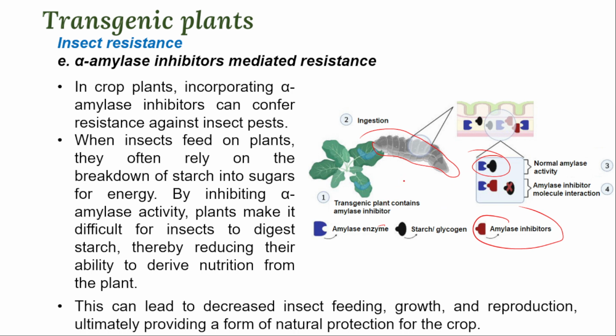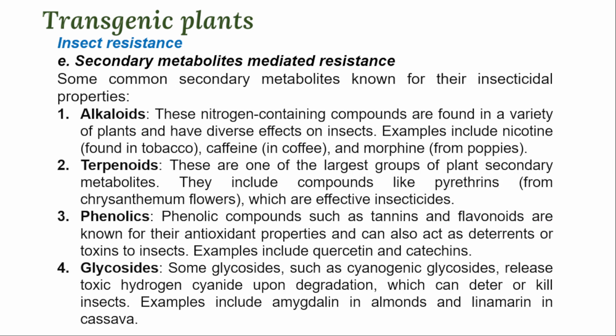Because the food is not digested, the insect will die due to starvation or indigestion, because we engineered a plant that inhibits amylase activity in the gut of the insect.